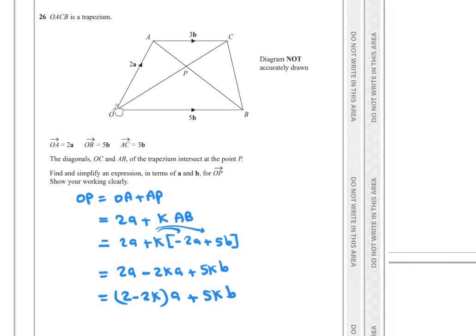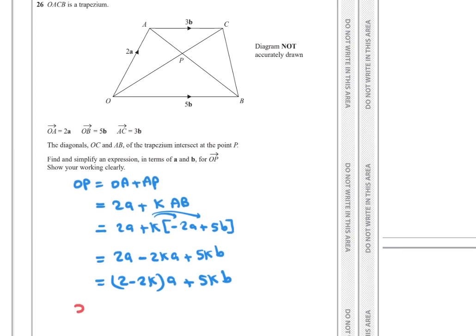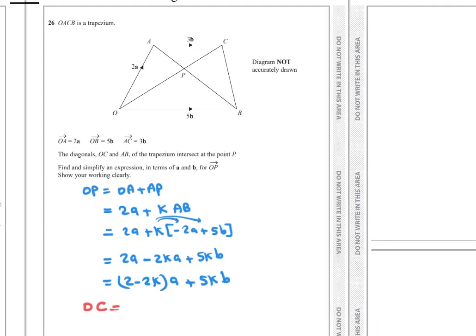OP is part of OC, so we can find OC. OC equals OA plus AC. So 2a plus 3b. But OC and OP are on the same line, so they are parallel. So we have a ratio between them.